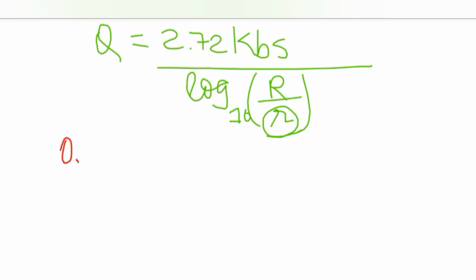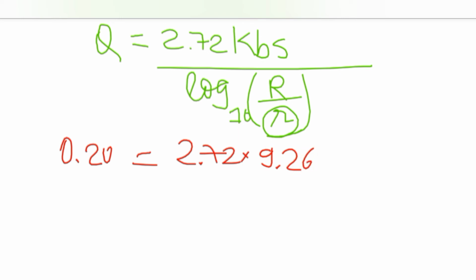So here we have Q as 0.20 is equal to 2.72 into K. K is 9.26 into 10 raised to minus 4 into B. B is 40 meter.